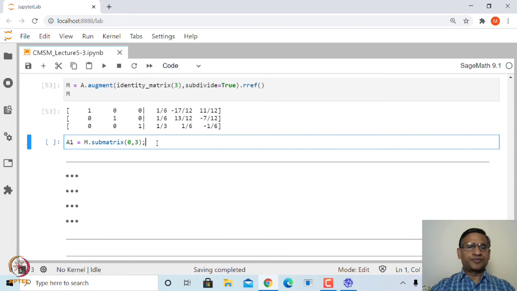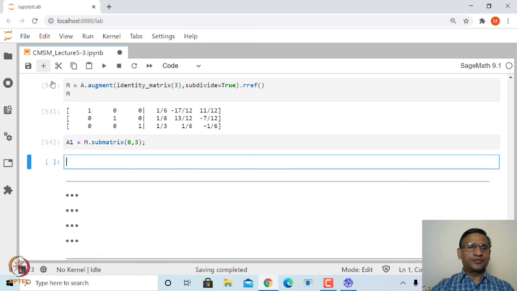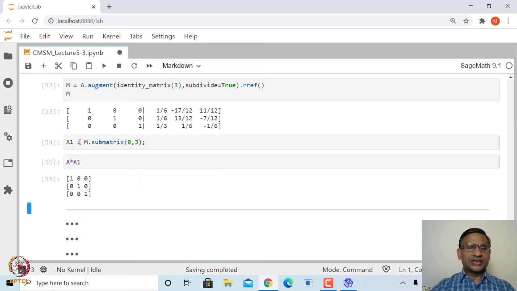So this is your A1, and now you can check whether A times A1 is the identity matrix. The answer is true. Therefore, this is the inverse of the matrix A.